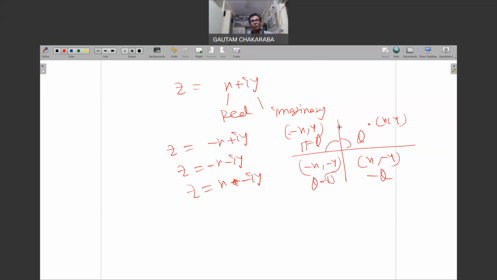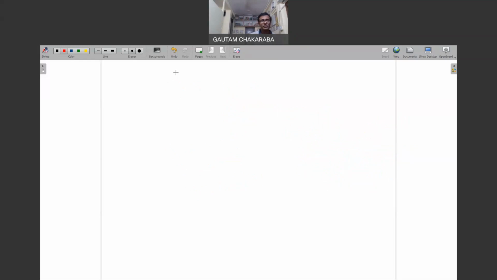It is the rule for changing the angle according to the quadrant. You apply these identities and remember all of them, because in the first quadrant all are positive, and this is pi minus theta, this is theta minus pi in the third quadrant, and the fourth quadrant is minus theta. Okay. Now I move to the next topic, conjugate.